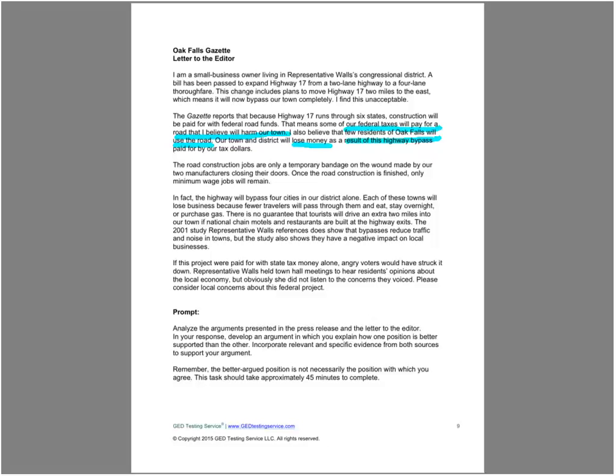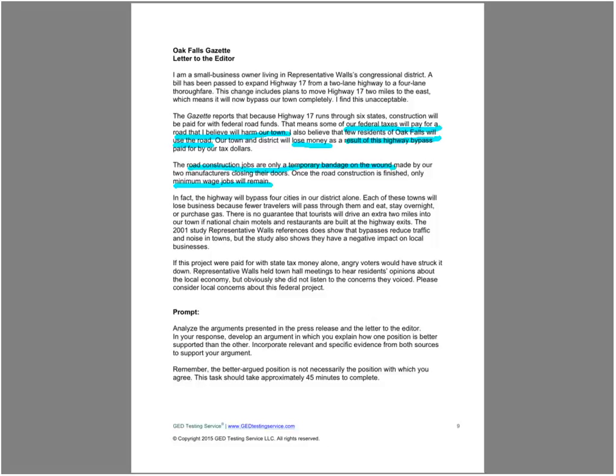Because the other one was talking about jobs and how there would be a lot more jobs, but this person says, oh, that's only temporary, those road construction jobs. And then he's looking at the only thing that's going to remain after that, if you have restaurants and hotels, might be minimum wage. Okay, but, oh, another point.